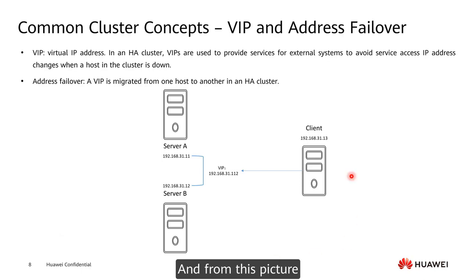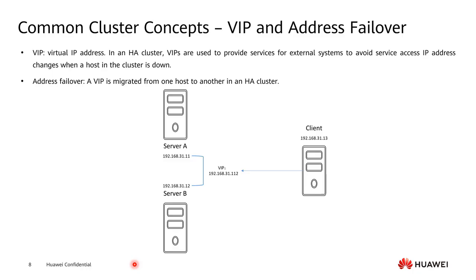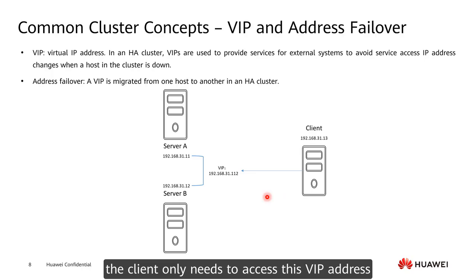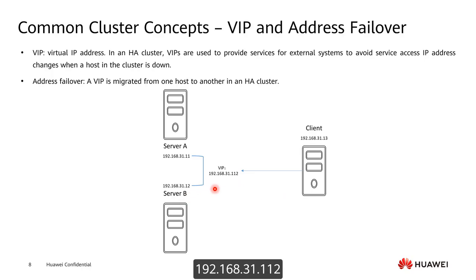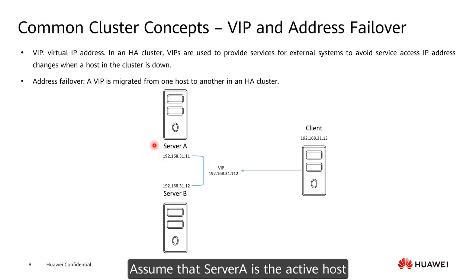From this picture, we show a case of VIP and address failover. When accessing the service, the client only needs to access this VIP address, 192.168.31.112, and does not need to know the addresses of server A and server B. Assume that server A is the active host and the VIP runs on server A. Server A provides services for clients.